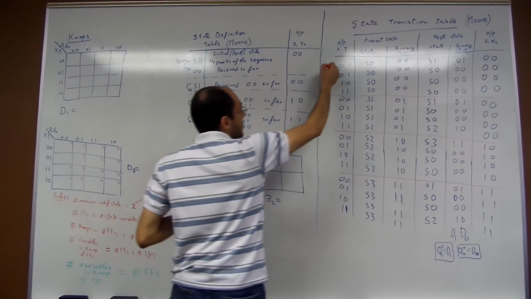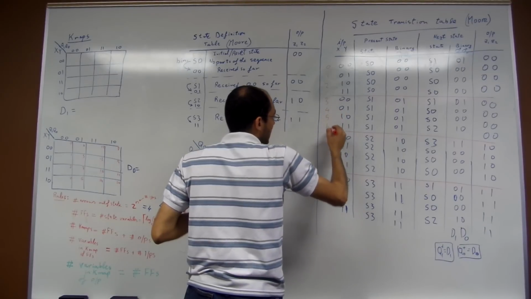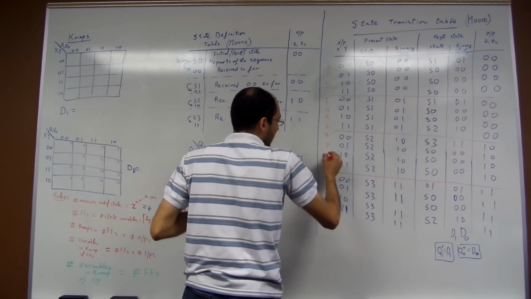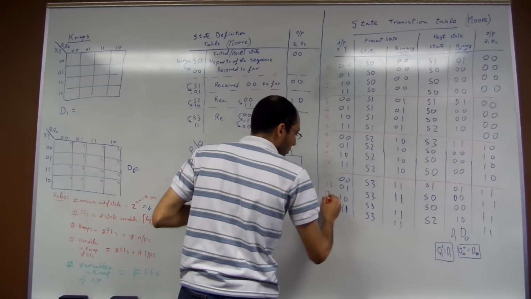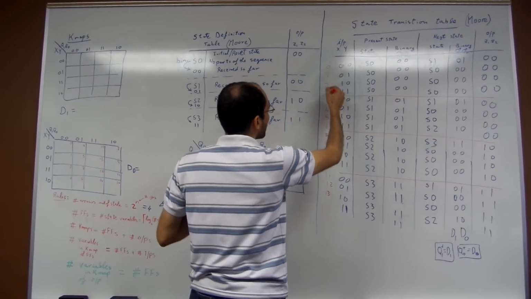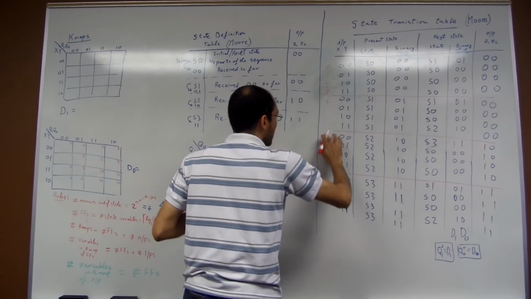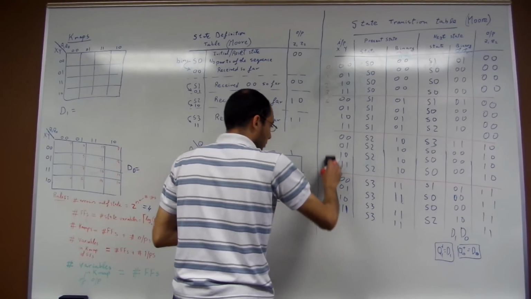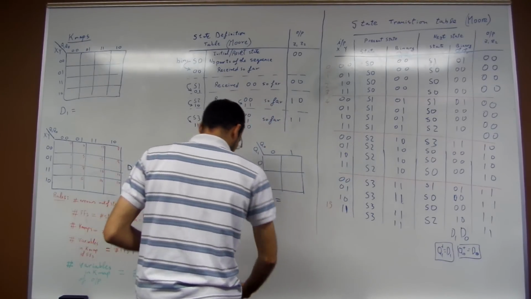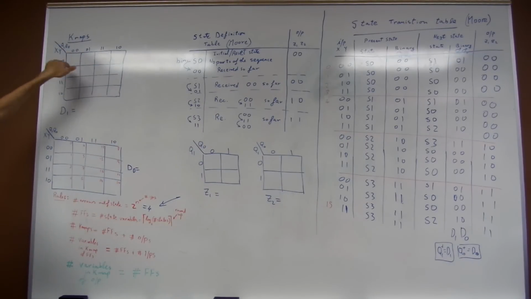So you have 0, 1, 2, 3, 4, 5, 6, all the way through 15. And you fill them in. Do you fill them column-wise or row-wise? Well, let's see.